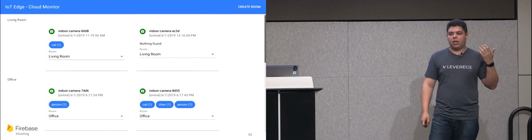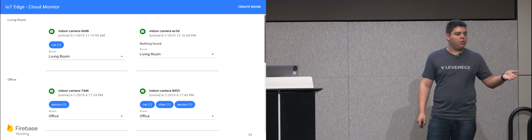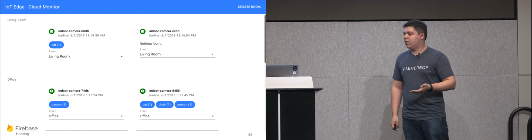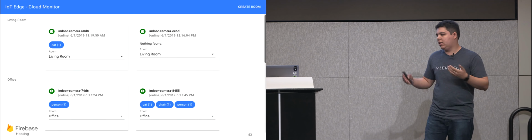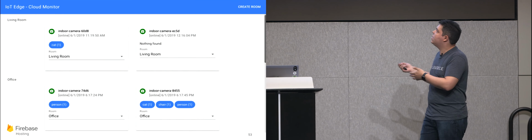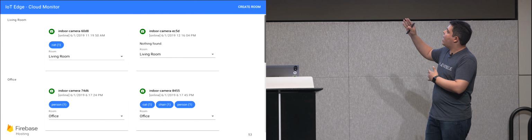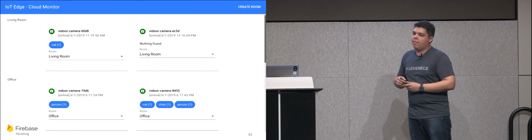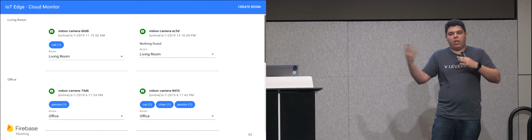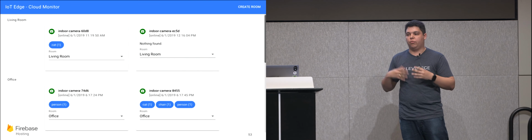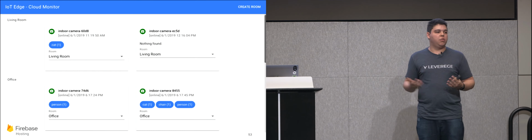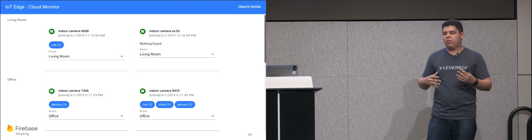And also, I made a web interface using Firebase Hosting, to show the Firebase data. So here, as you can see, we are just seeing the processed data. The camera found a cat, the other camera found a person. But I also added other features that we can do in the cloud, because maybe we can send alerts based on rooms. We can do some better separation between the cameras.